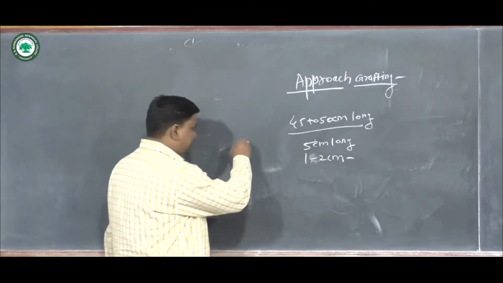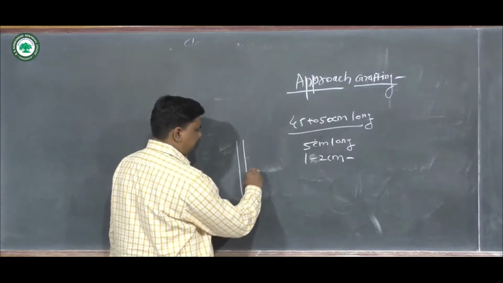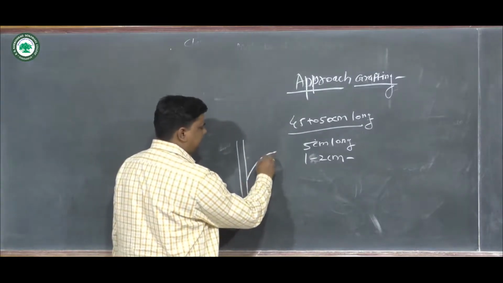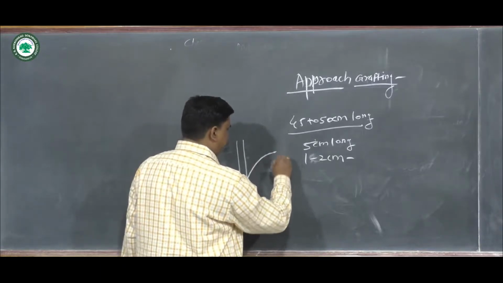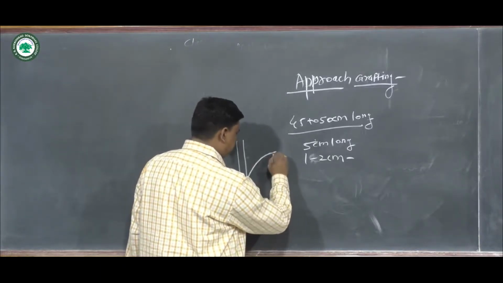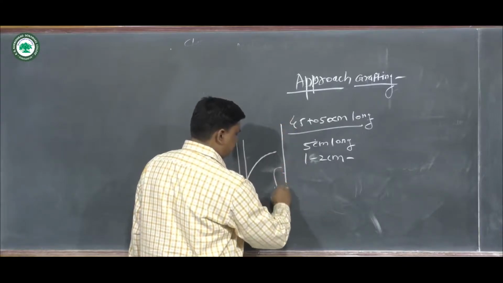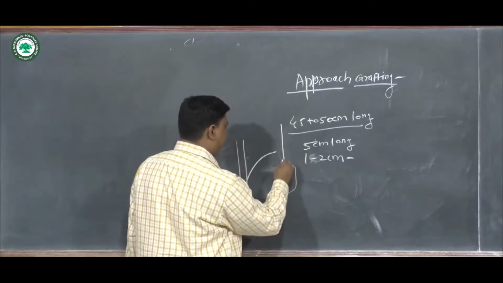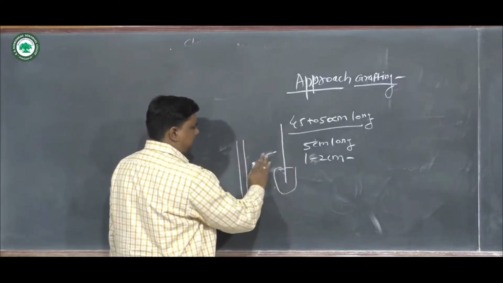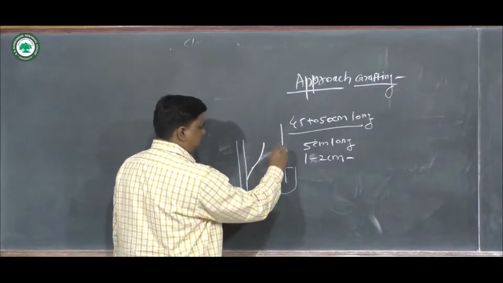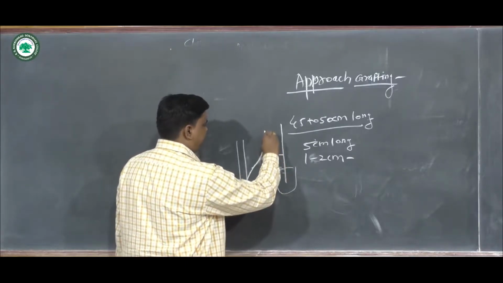Suppose this one is the branch, and here this one is the potted plant, and here also there is the branch.